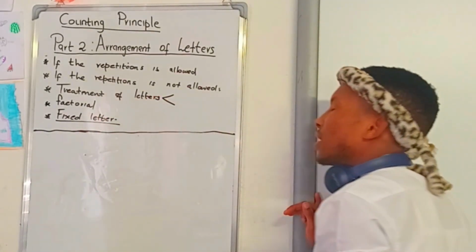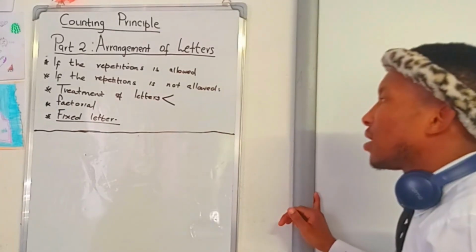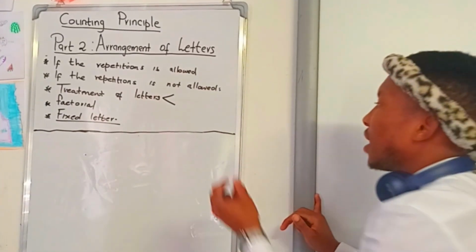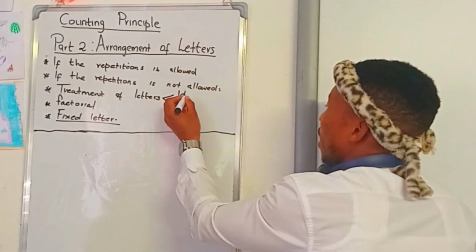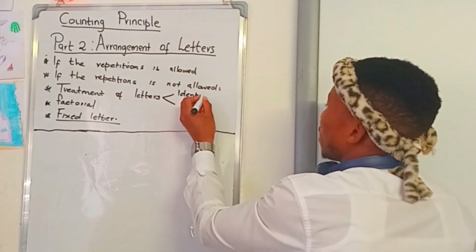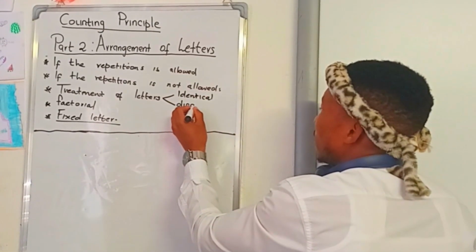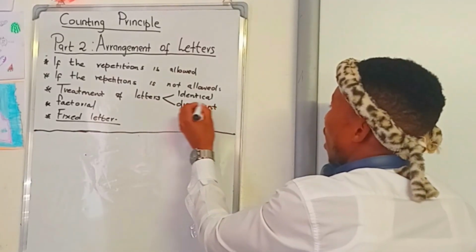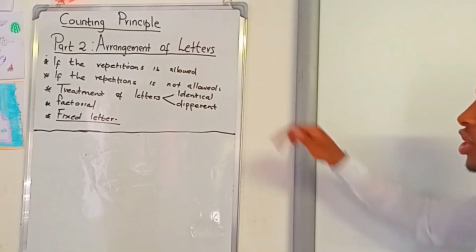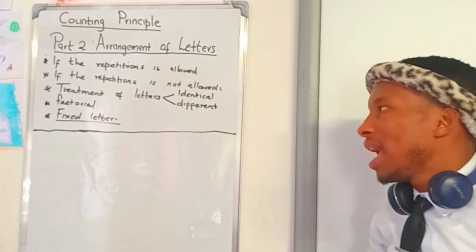They're just going to tell you on the exam that the letters are treated as identical, or the letters are treated as different. Therefore, we have these 2 ways under the treatment.